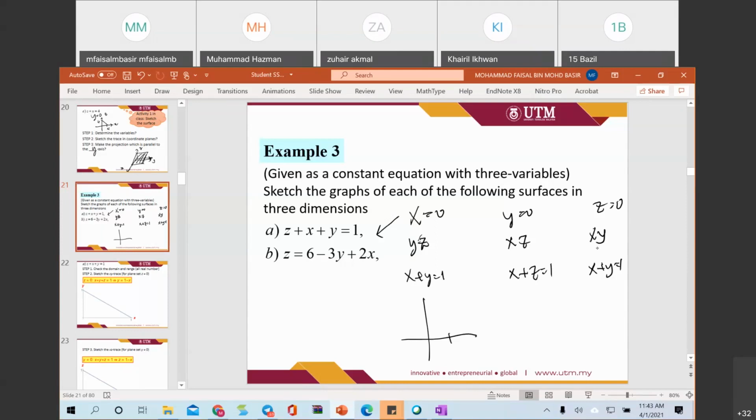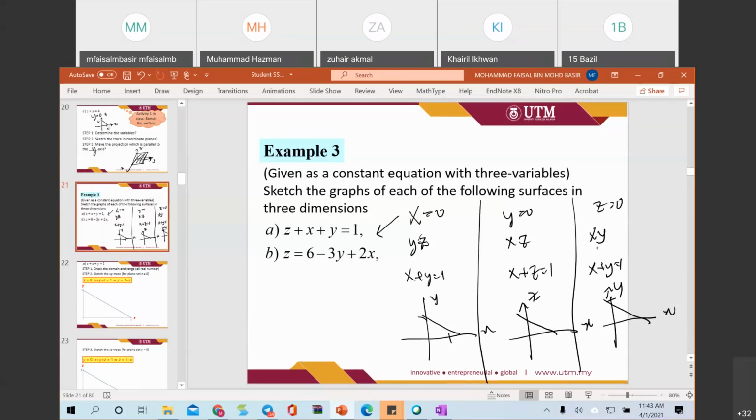When you draw this, 1, 1, right? And then it's the same for zx, 1, 1, and xy, 1, 1, right? You have to merge all of these. This should be easier. So remember to show all of this, although it is easy, you have to show it. This is x, y, z, x1, y1, z1. Done. For 3 variables, it's easier than 2 variables.